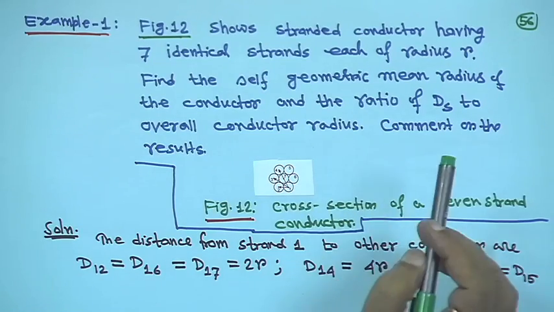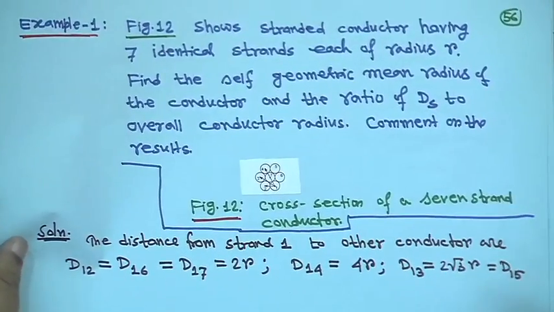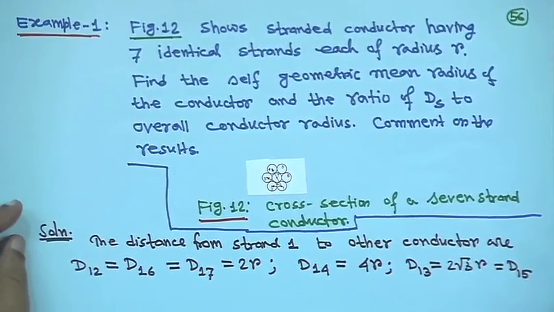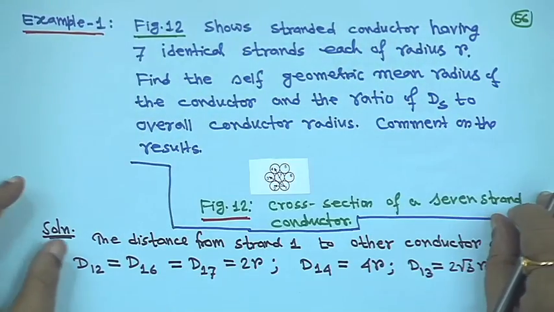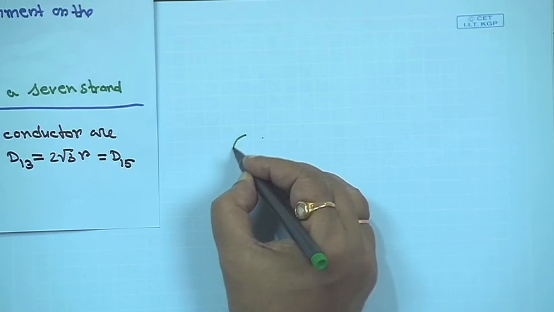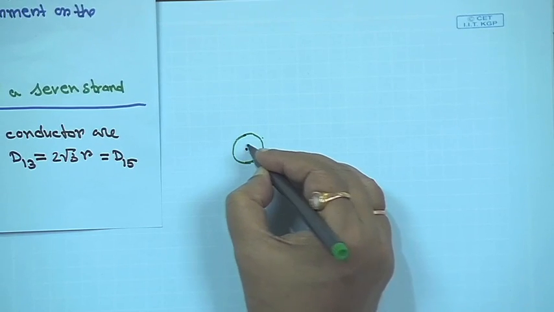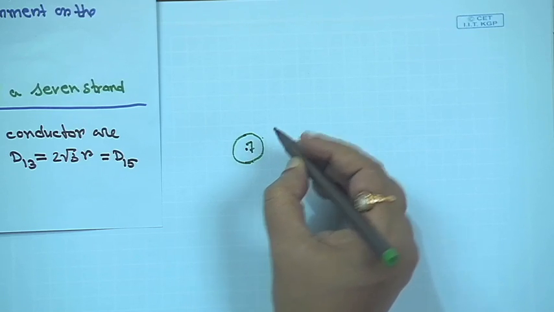So, this is the configuration. I hope it will be readable to you, but first let me make it a little bigger. This is the central strand, numbered 7.